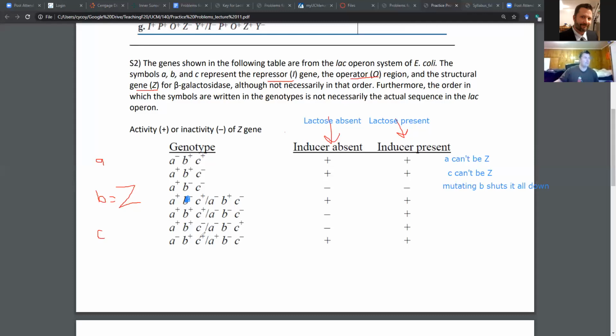Well, that still doesn't give us any information. This line kind of doesn't tell you too much, only that one of these, A or C, is trans-acting, or one of them is cis-acting, which is fine. But this line by itself right now doesn't do anything for us. But this line tells us a lot.